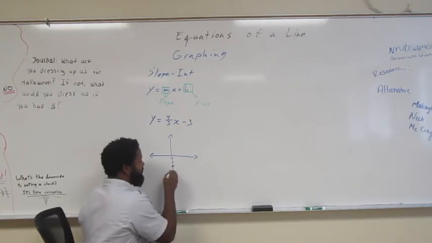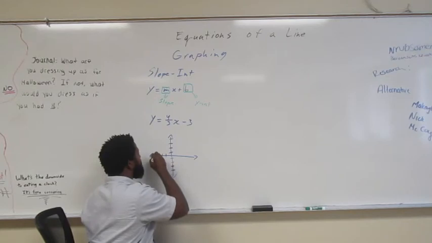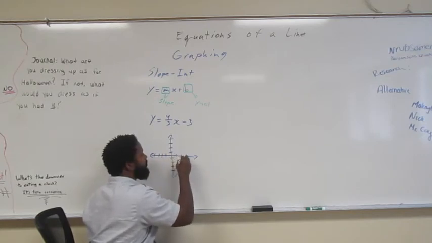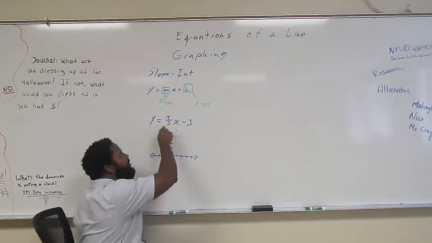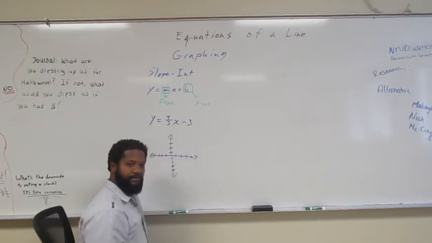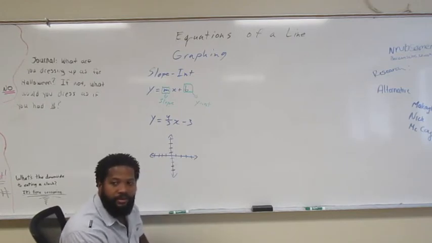And 4. 1, 2, 3, 4. Okay, so we are looking at this. What kind of slope is that? Is that a positive slope or a negative slope? Positive.